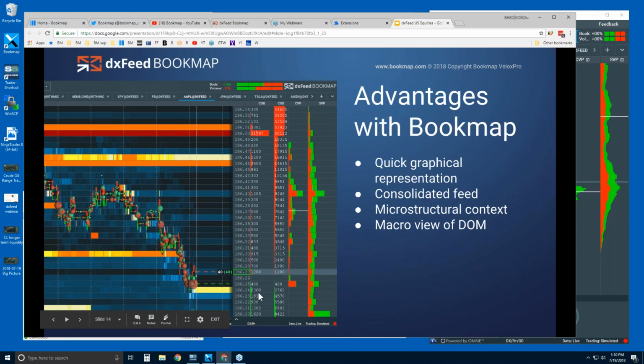So what you see here, for example, this is Apple, and we see that there are 2,360 shares down here. That's the highest area here on the bid in this view. But look way up here, and this is the full depth of market.